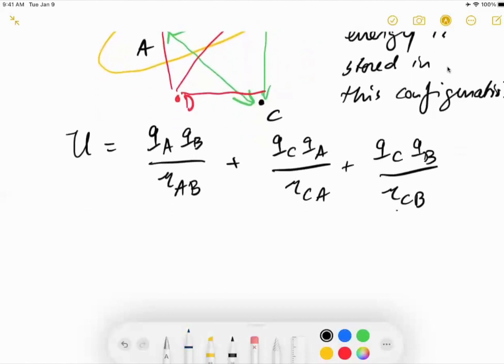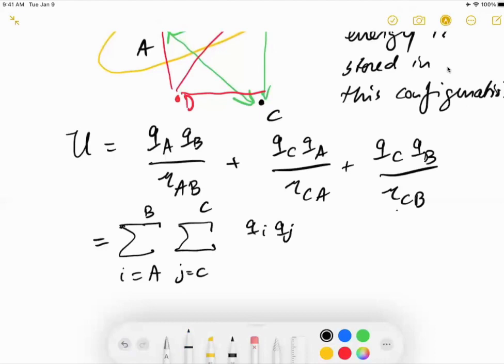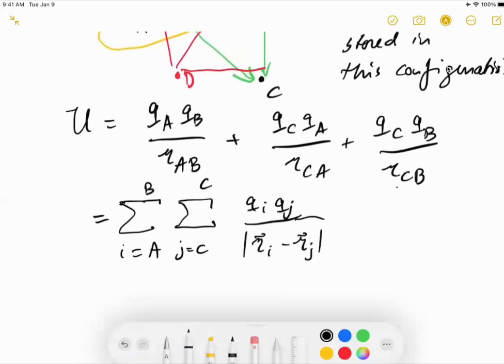Okay, so we can write that a little bit more abstractly. We can say it's the sum over I, where we go from A to B, QI, and the sum from C to C, where this is J, this is QI, QJ over the distance. Okay, so these are the pairs.